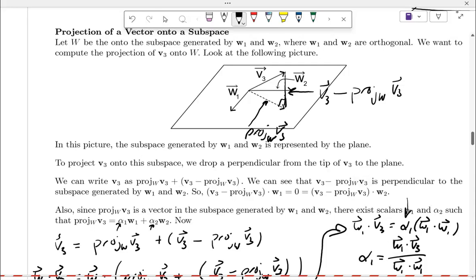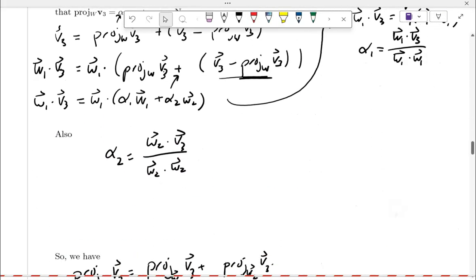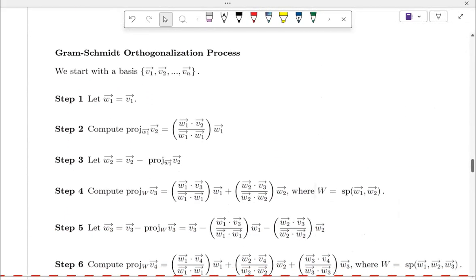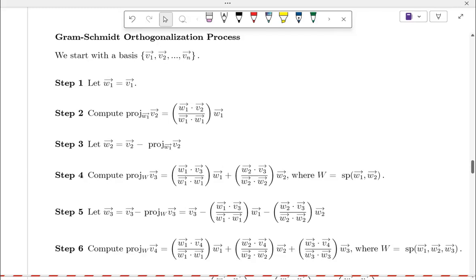If I think about these three vectors being in R3, if I started with this vector and this vector being orthogonal to each other, we just created a third one, right? And if these were in R3, I just created an orthogonal basis because I have enough vectors now. So that's what's getting us to the Gram-Schmidt orthogonalization process.